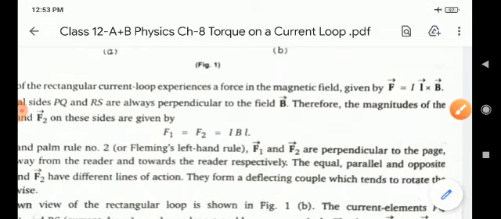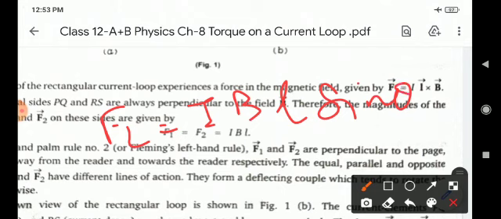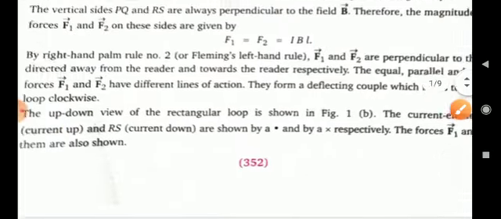Children, F2 is equal to the same formula, IBL sin theta; if theta is equal to 90 degrees, then F2 equal to IBL sin 90, that is sin 90 equal to 1, so IBL. Therefore, both values are equal. Therefore, F1 equal to F2 is equal to IBL.